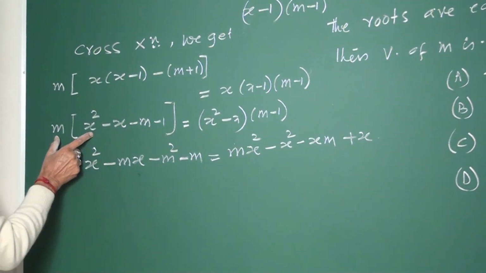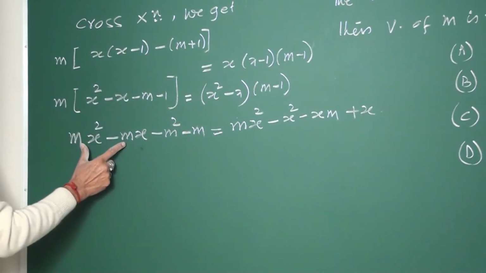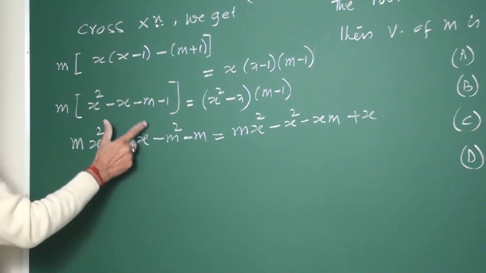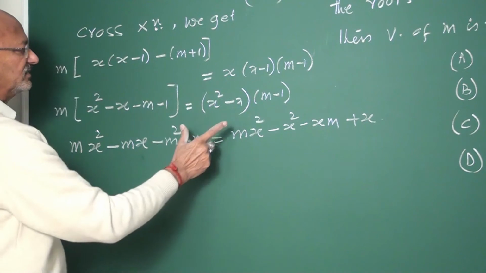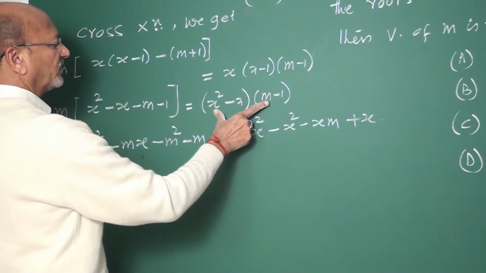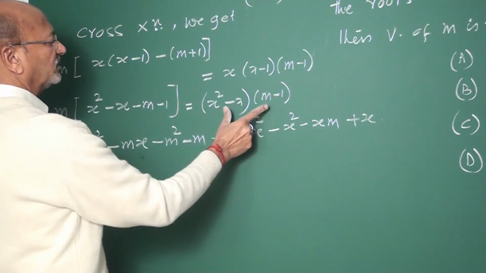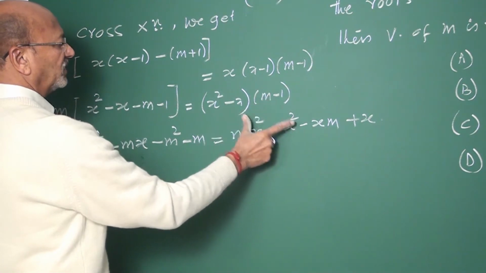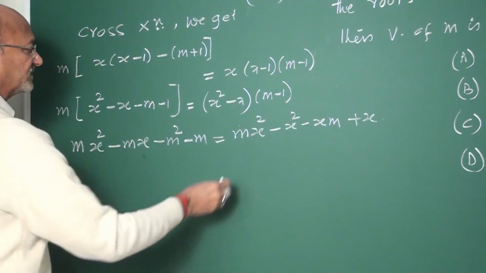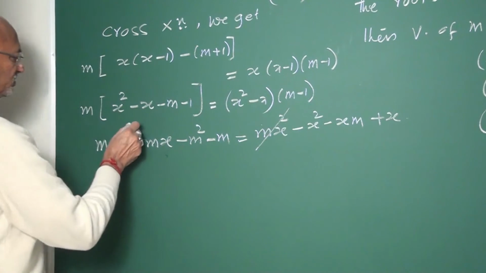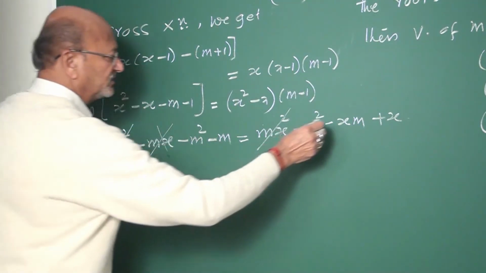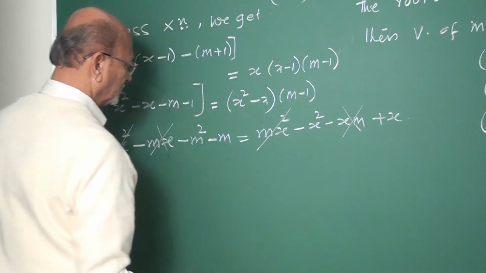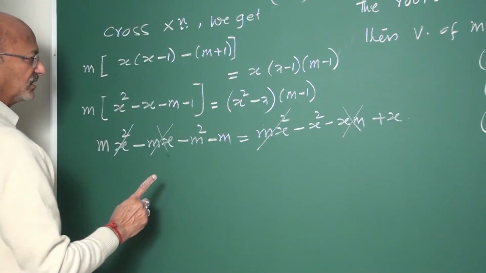Further, m into x square minus m into x minus m square minus 1 into m. This side, mx square minus x square minus m into x plus x. See, what cancels? Both sides common mx.